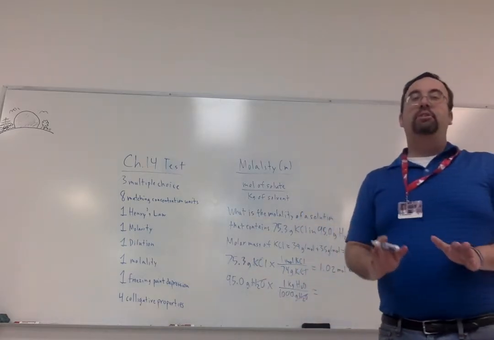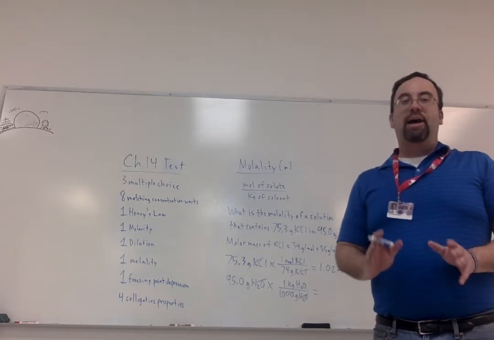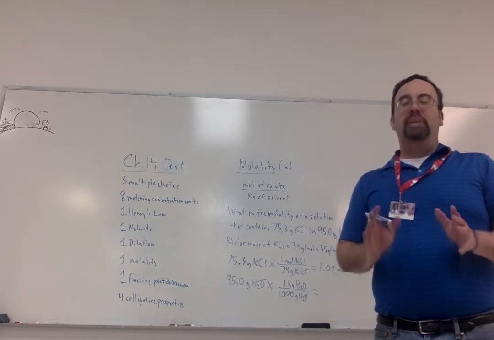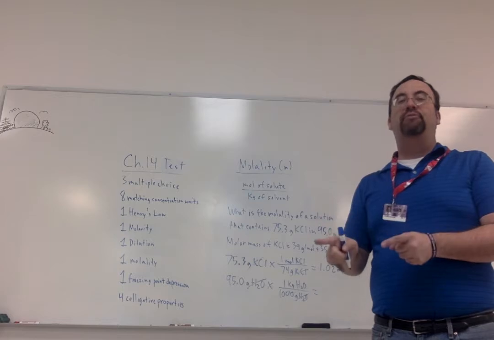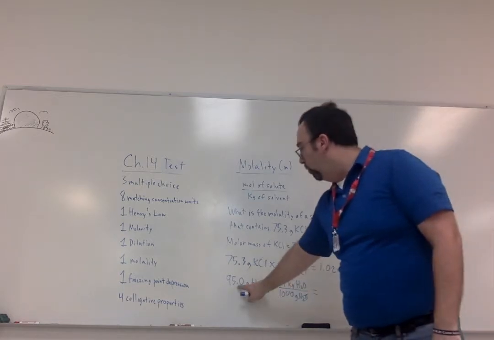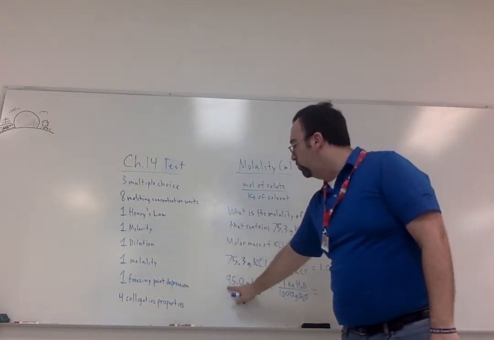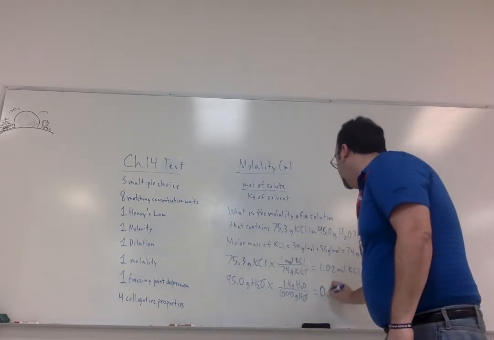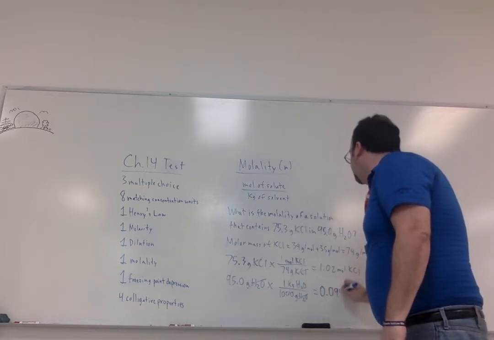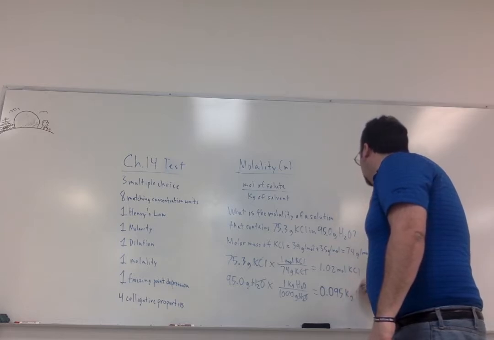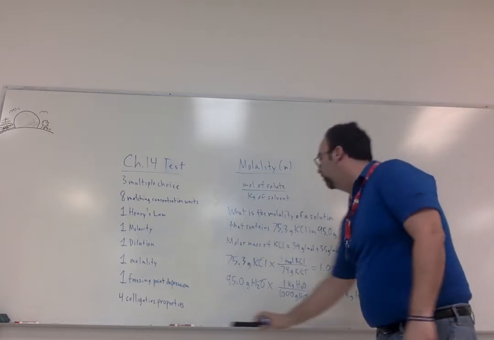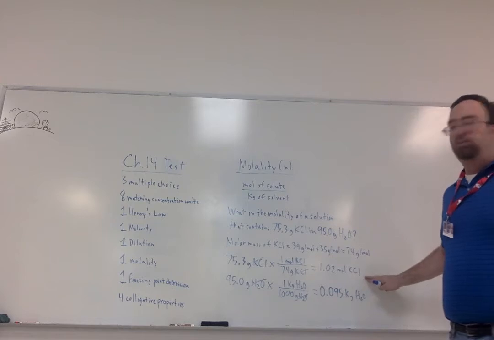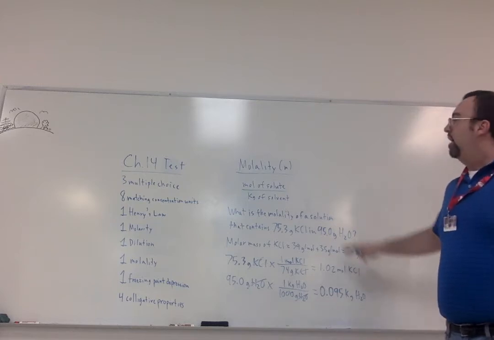For this problem, just like the last one, we're dividing by 1,000, which means we need to move the decimal place to the left 3 places. 1, 2, 3. So there's going to be another 0 here. So this is going to be 0.095 kilograms of water.